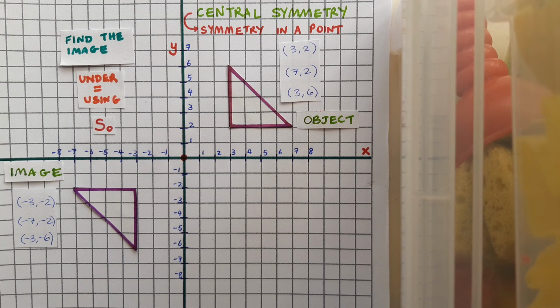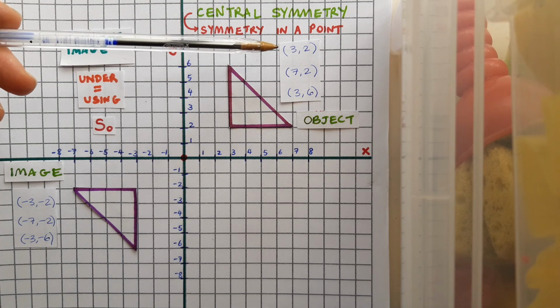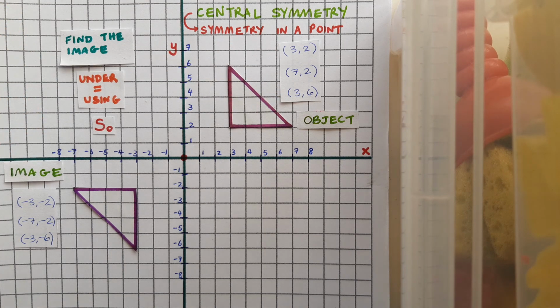I can see that its vertices are located at (-3, -2), (-7, -2), and (-3, -6). If I compare the vertices of the object with the vertices of the image, I'll see that the only difference is that I've changed the signs. And that will always occur when we use symmetry in the origin particularly.